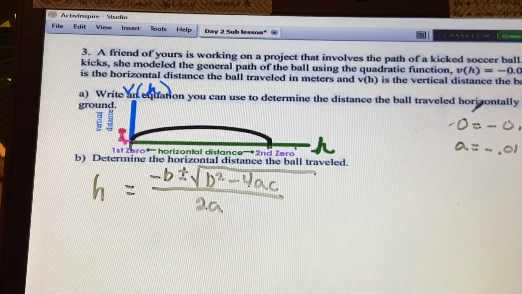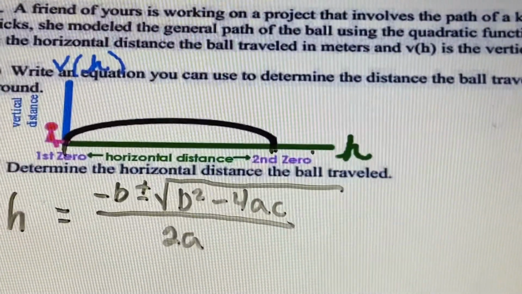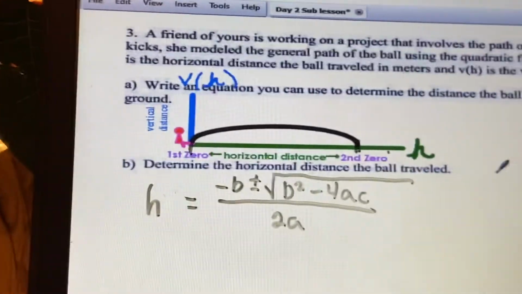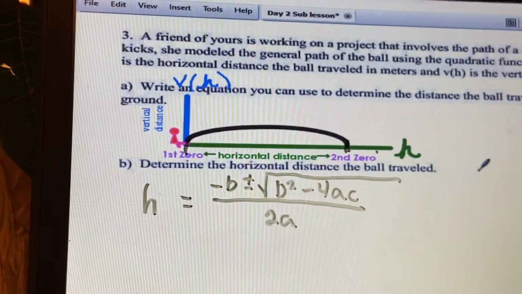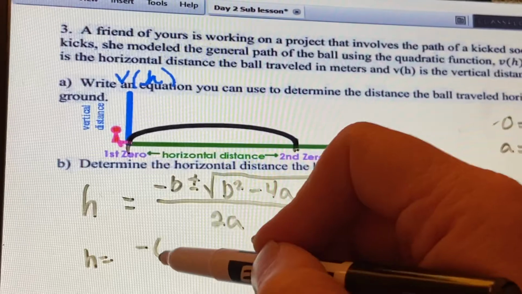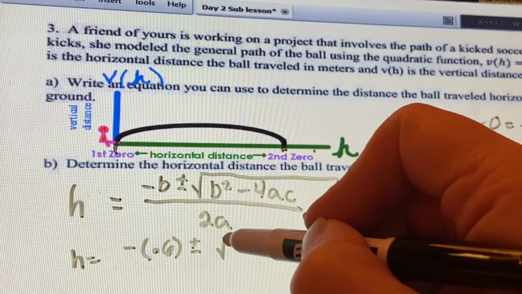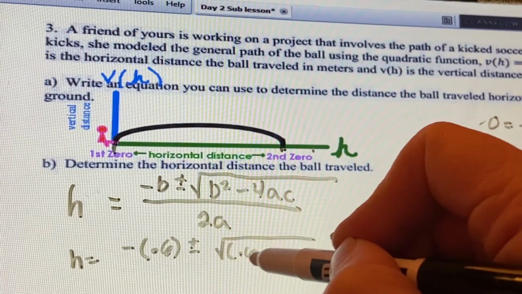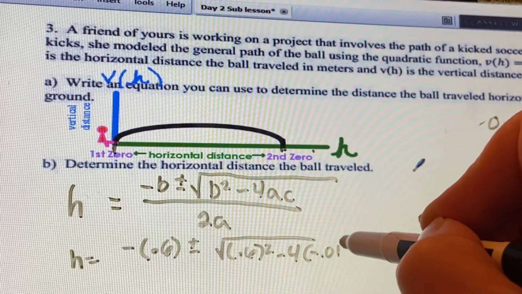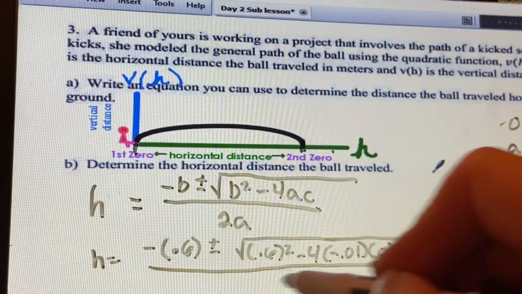Now we're going to substitute our values in. So h equals negative 0.6 plus minus square root 0.6 squared minus 4 times our negative 0.01 times our c, which is 0, all over 2 times a.